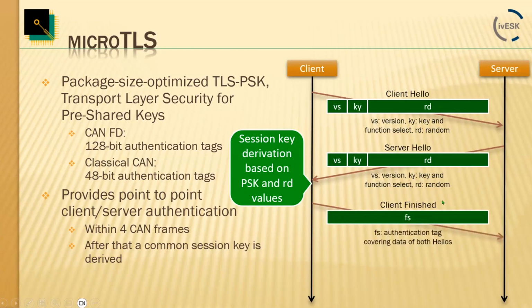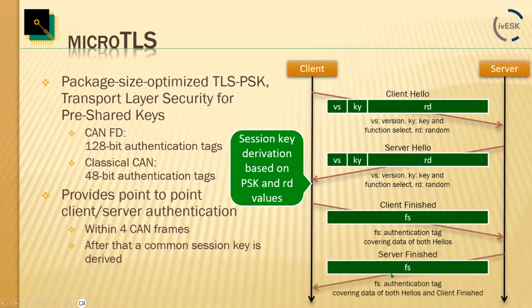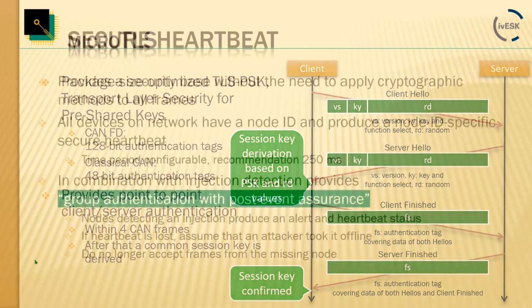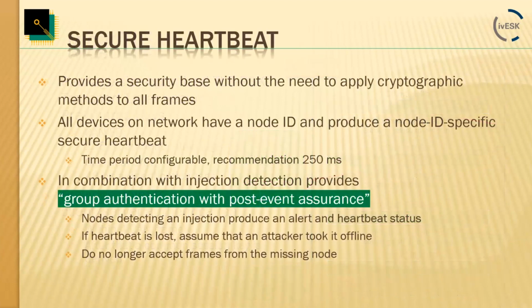And to verify if this all works, the client will just send an authentication tag. Now the server can verify this authentication tag, and if it's okay, it generates its own authentication tag that does not only cover the initial hellos, but also this response. And at this point, the session is confirmed and open with a derived key. And this can really be done very fast. So this will be nice to see. So far, we have not yet implemented it. It's only a specification at this point.